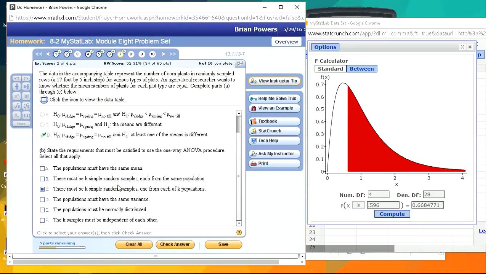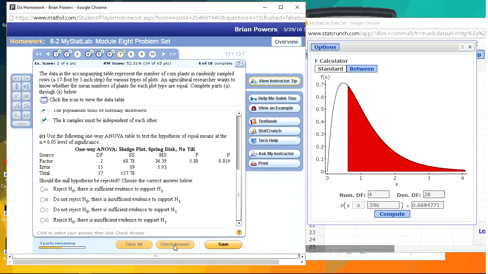In this case, k is 3, one from each of the 3 populations. The populations should have the same variance. If they have very different variances, then the conclusions don't really hold. And we also assume the populations to be normally distributed, and the samples have to be independent of each other. So those are the requirements we have for a one-way ANOVA.